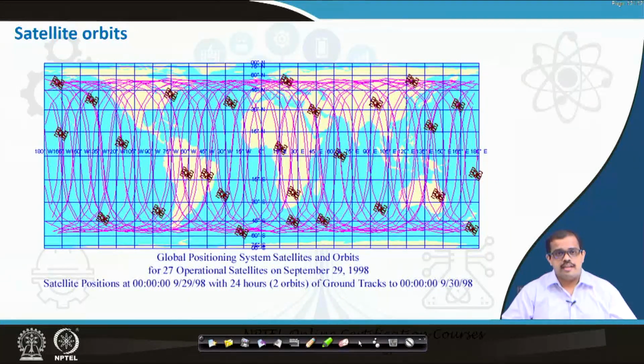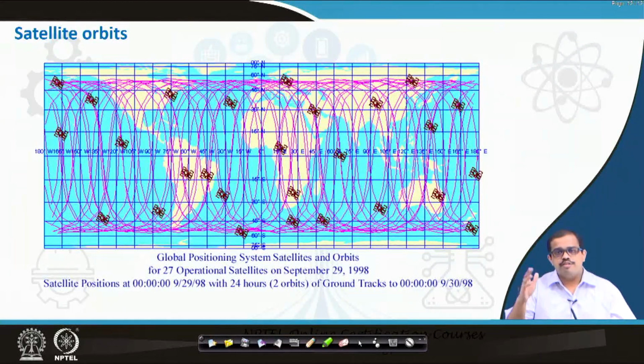This was in 1998. If you could see, every point on the Earth's surface is covered. So, if you are at any point in India, you can easily receive about 4 signals. Yes, there are places where the satellite signals are really weak, especially where we have thick canopy vegetation. So, we have different methods of getting better signals.